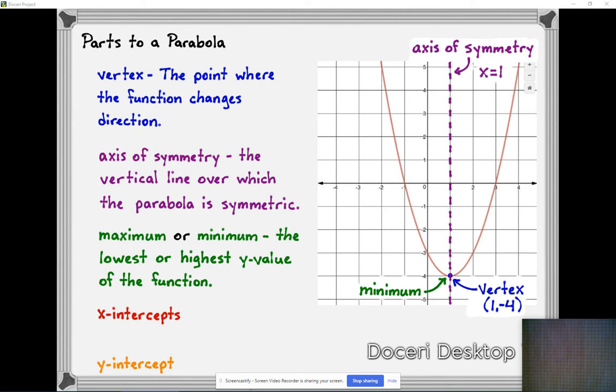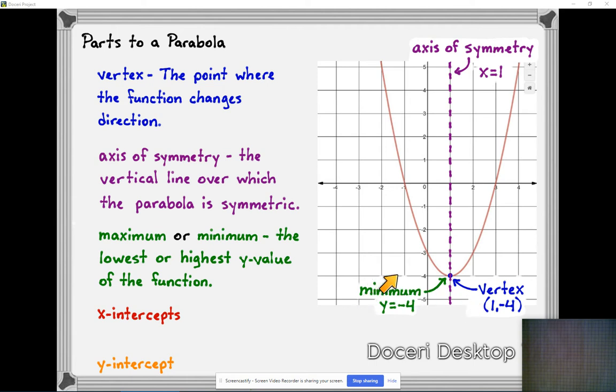And now what is the lowest value? The lowest value here is how far down the parabola goes. Well, it goes down to -4, and that is a y value. So the minimum is y equals -4. Guess what? You can see exactly what I was saying with the axis of symmetry. The axis of symmetry is the x value of the vertex.